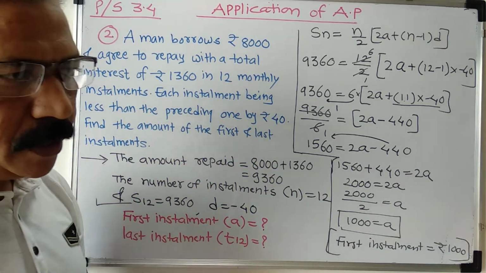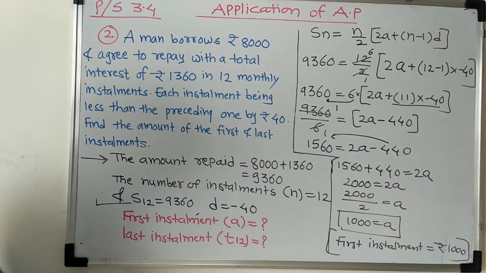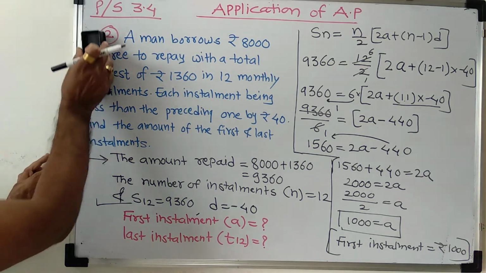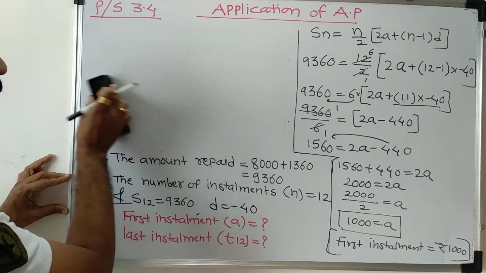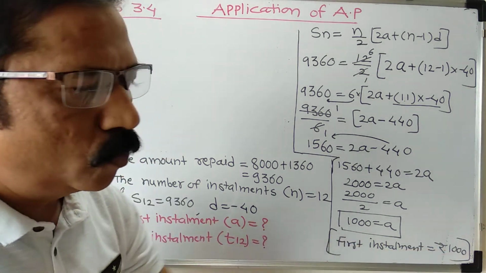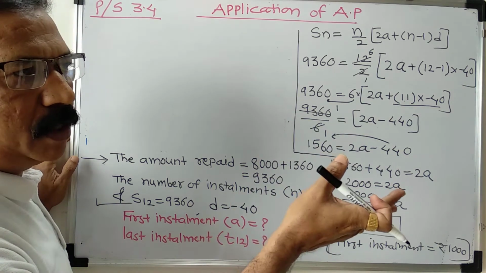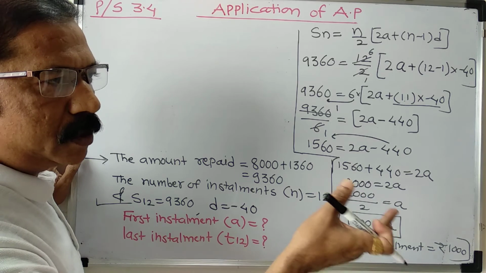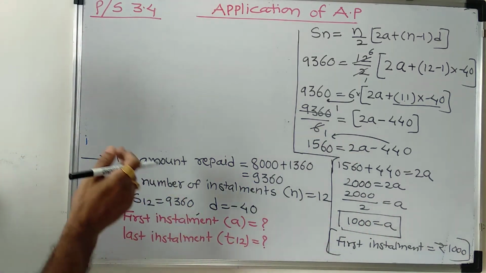And again they ask to find the last installment, that is T12. Definitely it will be less than 1000 rupees, because the first installment is 1000 rupees, then the second will be less by 40, means it will be 960 rupees, right? Less by 40, then it will be 920, and so on.